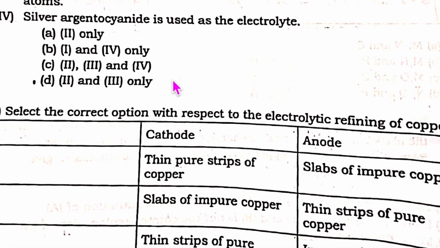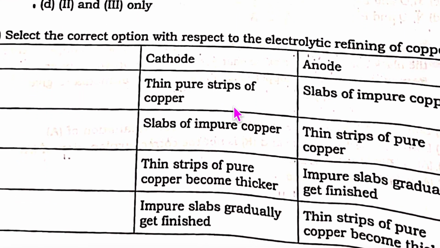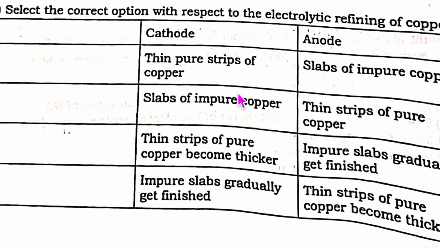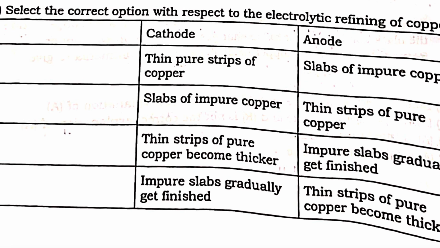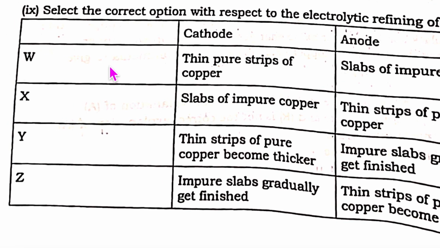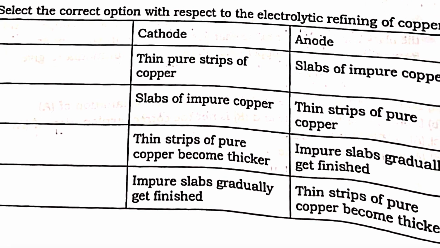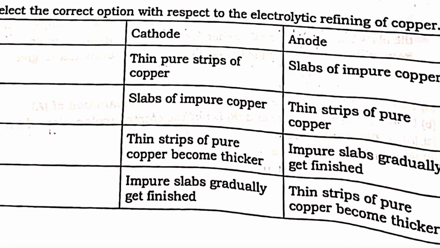Now here, select the correct option with respect to electro-refining of copper. Now this is your W, X, Y and Z. The whole thing is not fitting properly, so let us see.